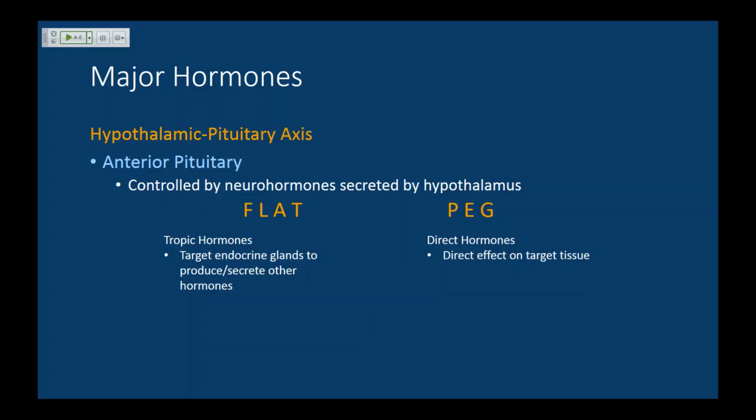So tropic hormones lead to the production of other hormones. As I was saying before, the hormones of the anterior pituitary are actually controlled by hormones secreted from the hypothalamus. So those hormones in the hypothalamus controlling the anterior pituitary would then also be tropic hormones.